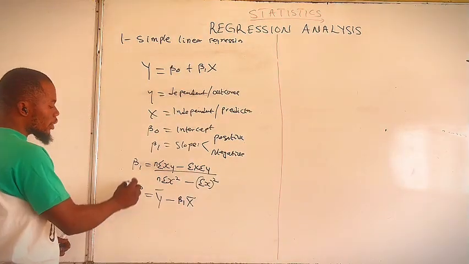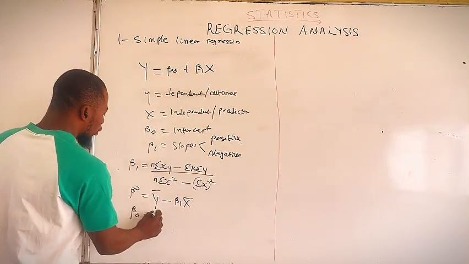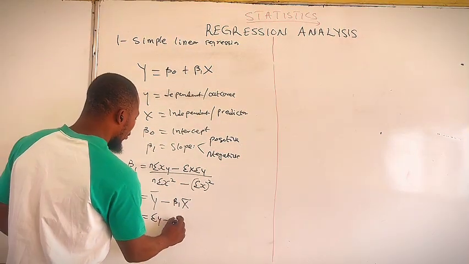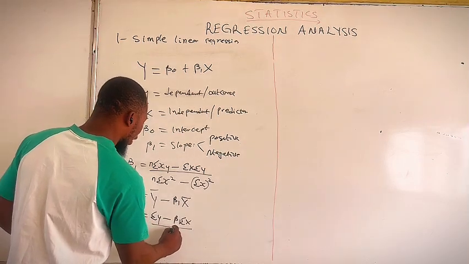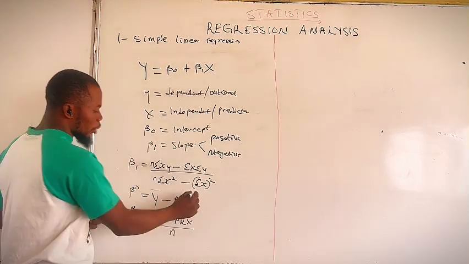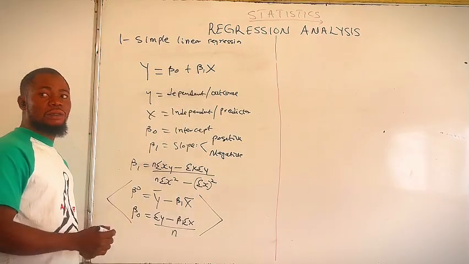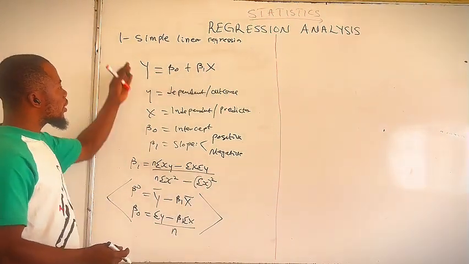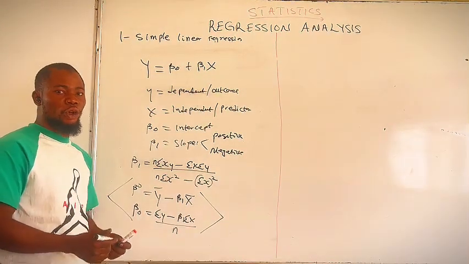Or you can calculate beta naught using the formula summation of y minus beta 1 summation of x, divided by n. So this is the formula you can use to calculate the simple linear regression model.